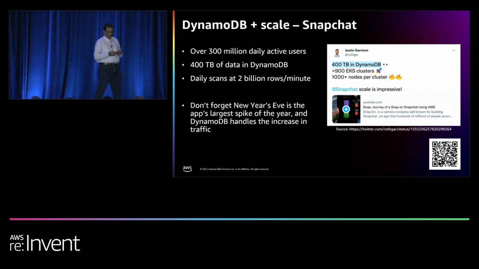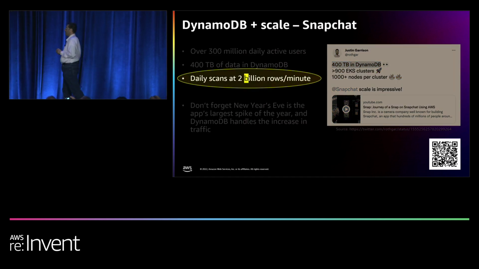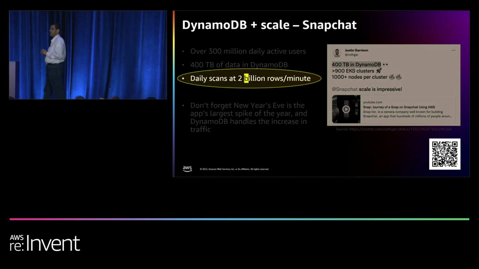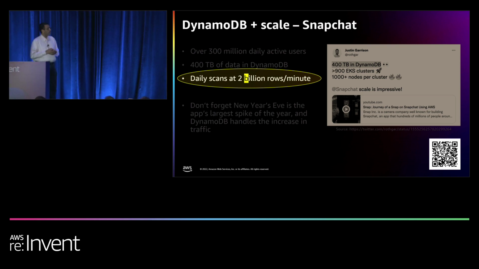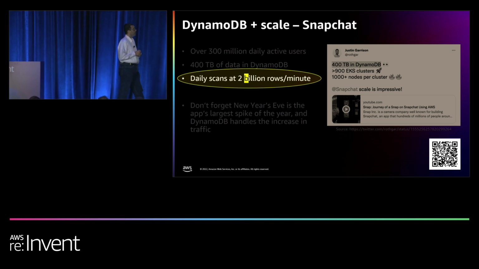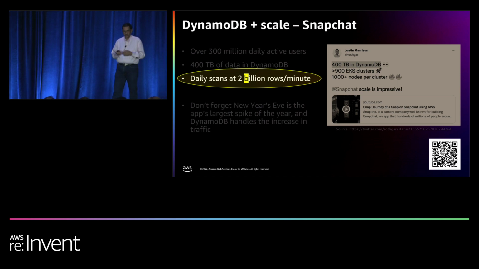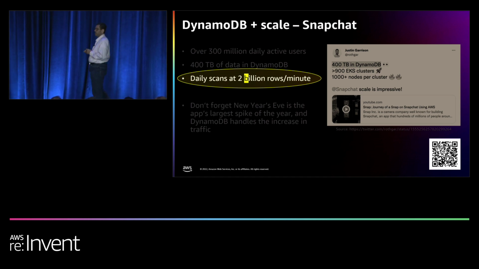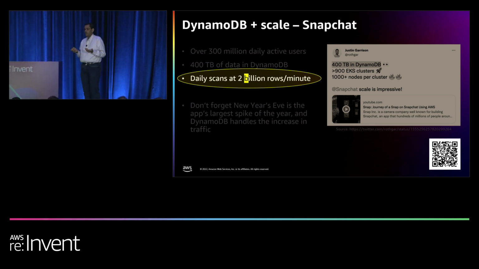But the thing which really caught my eye when I saw this video was that they scan about 2 billion rows a minute. This is one customer of DynamoDB. 400 terabytes is a fairly large table, not the largest table by any means. But that gives you an idea of the kind of scale to which an application can go. 300 million daily active users, 400 terabyte table, and so on. But scanning 2 billion rows a minute, yeah.